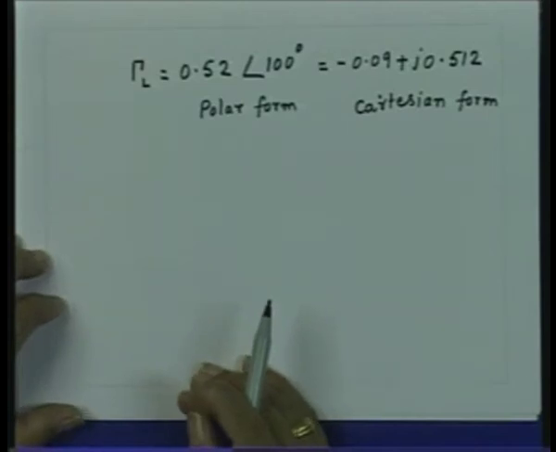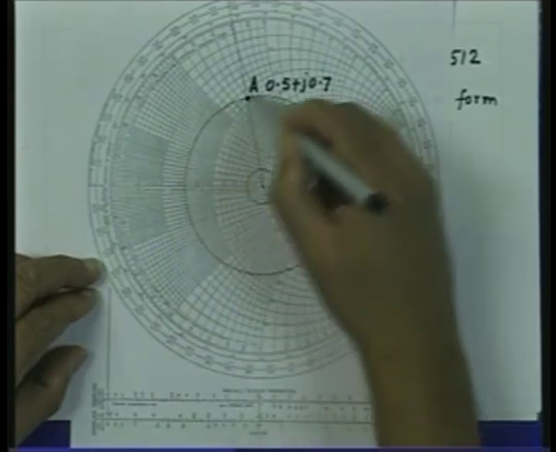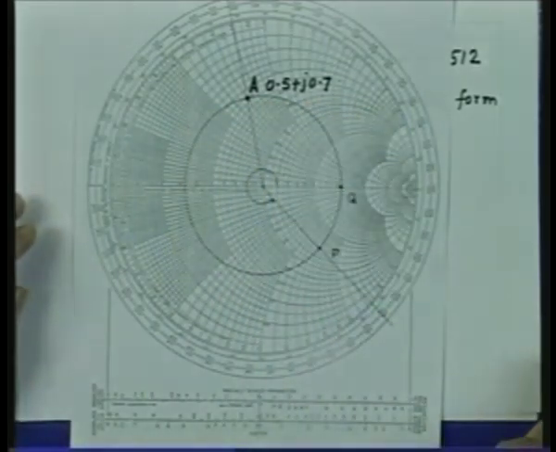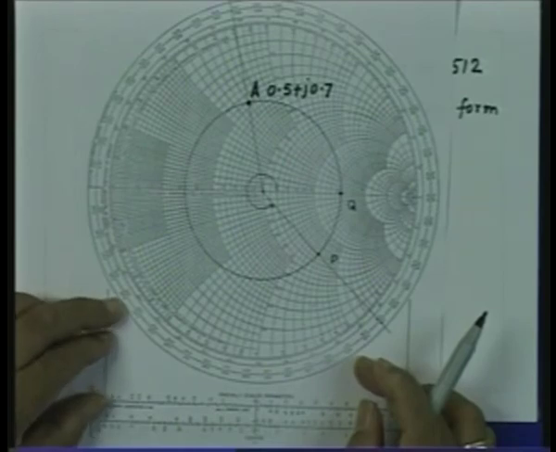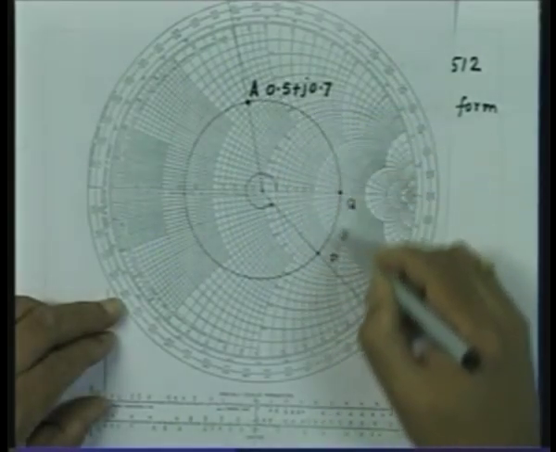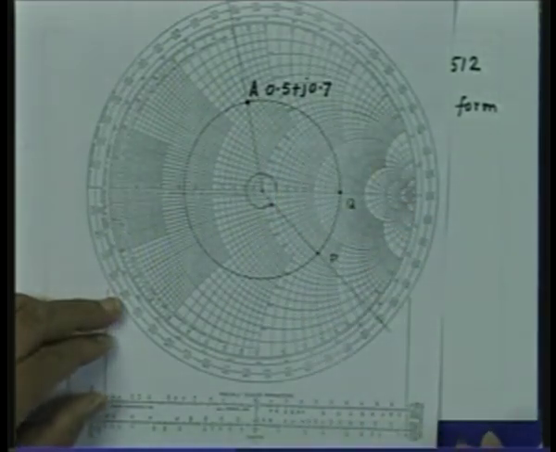The next thing we have to do is to find the reflection coefficient at a distance of 0.2 lambda from the load point. Now, for this, first thing we do is we draw a constant VSWR circle passing through this point A. As we move towards the generator on the transmission line, we move on this circle and we want to move by a distance of 0.2 lambda.